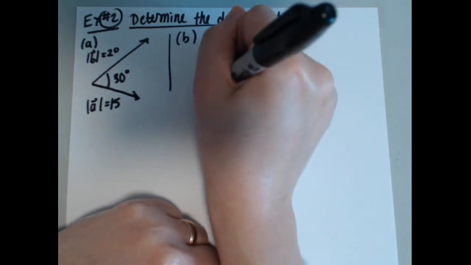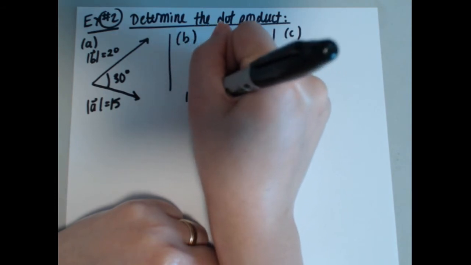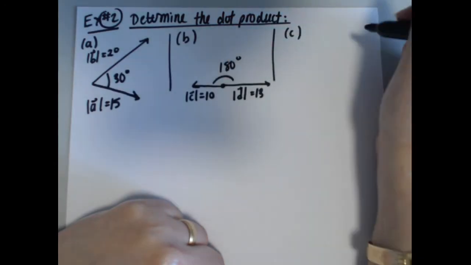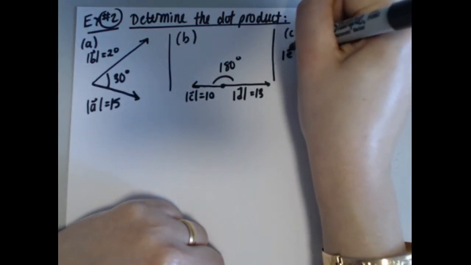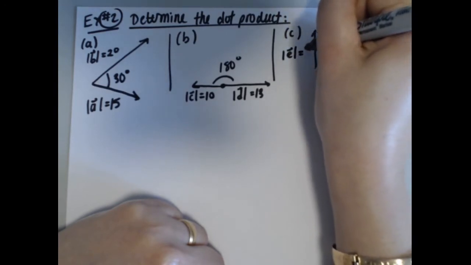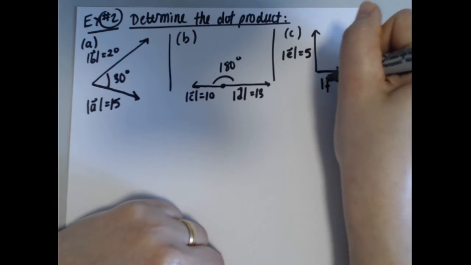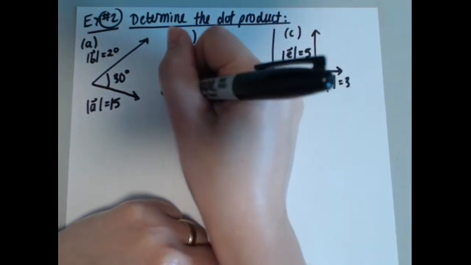I've got another vector going to the left, just slightly shorter than that one. The magnitude of C is 10, and the angle between them is 180 degrees. And in the last case, I've got vector E, whose magnitude is 5, and vector F, whose magnitude is 3, and they are at 90 degrees to each other.